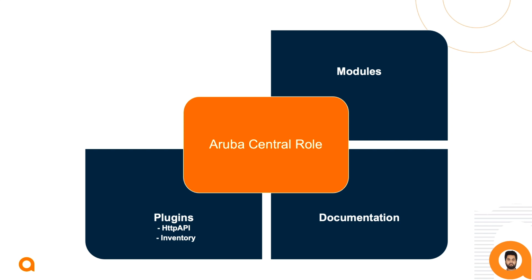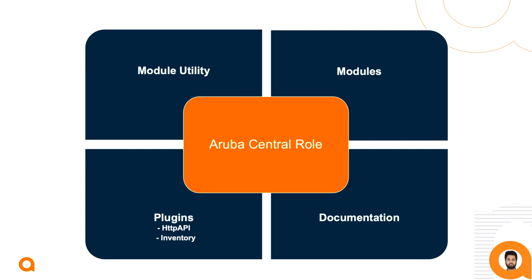HTTP API plugin, which is used to establish a connection to Central over REST API. Inventory plugin, which is used to dynamically generate an inventory from source for auto-renewing tokens while running playbook tasks. And lastly, we have module utility, which is nothing but a helper file for running the modules. As an end user, while creating a playbook or an inventory file, you would not directly interact with these files. These files function in the back to abstract all complexities away.